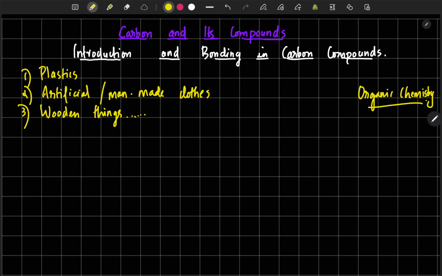Just look at the things that are around you. Most of these things will be made up of carbon. So that is the importance of carbon.